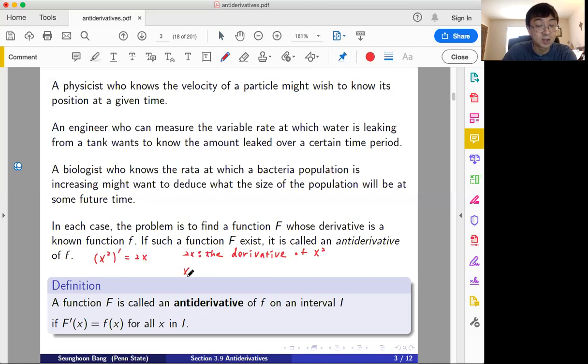And x squared is the antiderivative of 2x. This is the exact definition of antiderivative.